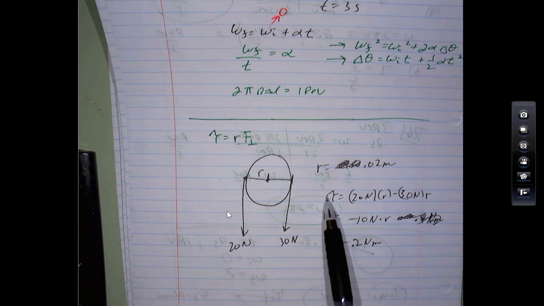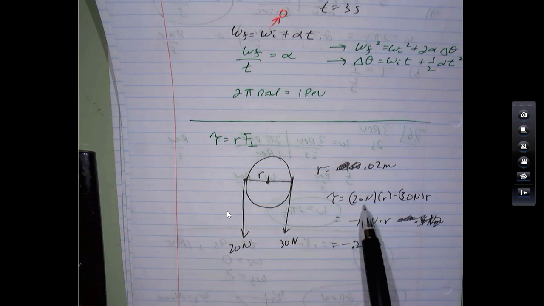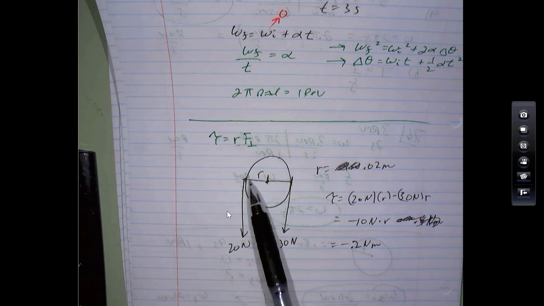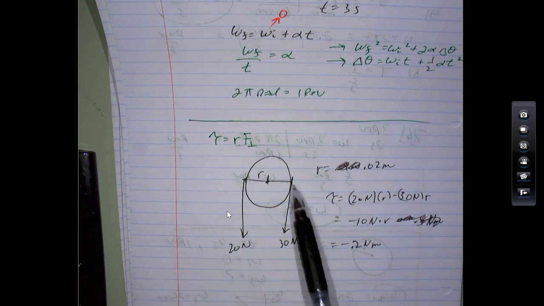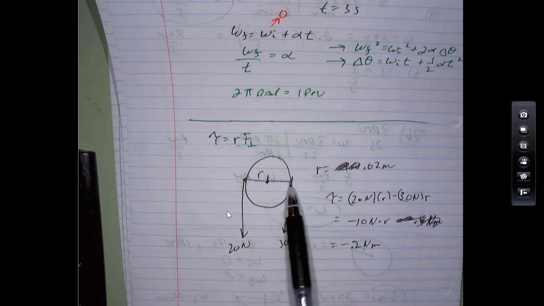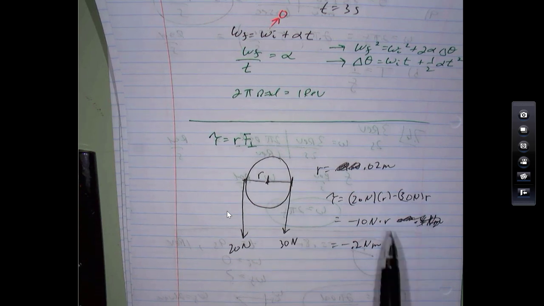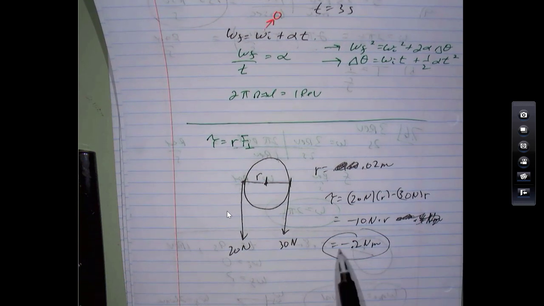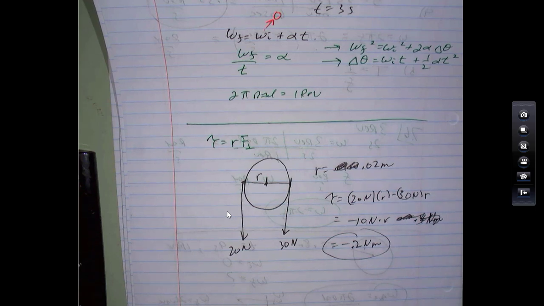So the net torque, tau, is 20 newtons times the distance to the pivot point, positive direction, minus 30 newtons times the perpendicular distance, same thing, 0.02 meters. Put it all together, you get negative 0.2 Newton meters. A Newton meter is the unit of torque.